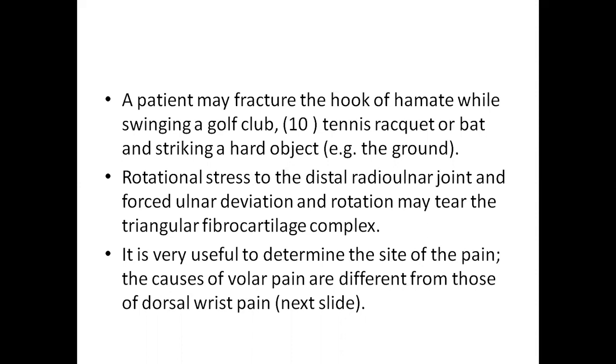Similarly, rotation stress to the distal radioulnar joint and forced ulnar deviation and rotation may also tear the triangular fibrocartilage complex. We will discuss the triangular fibrocartilage complex anatomy in the upcoming slide in detail. But this rotational stress to the radioulnar joint may lead to a tear of these different cartilaginous as well as ligamentous complexes.